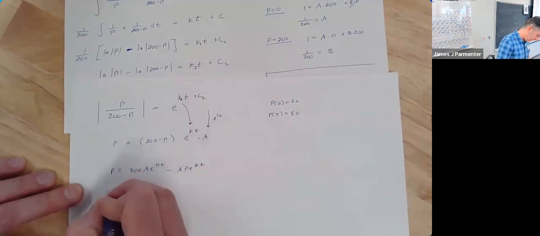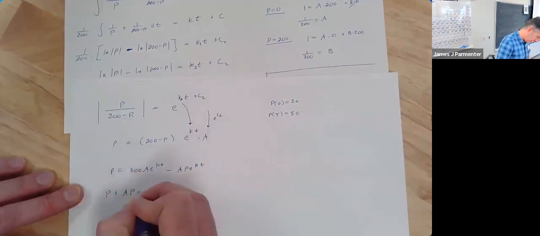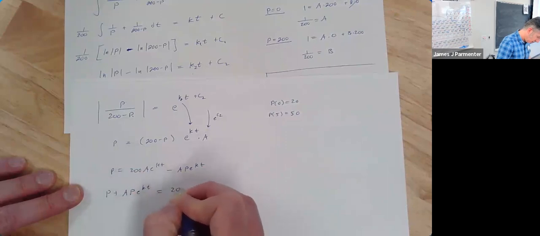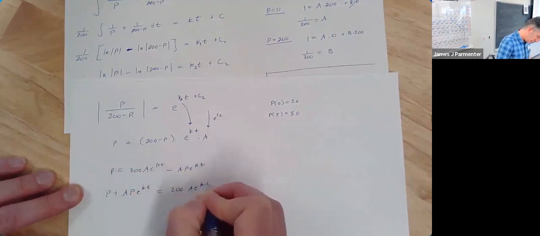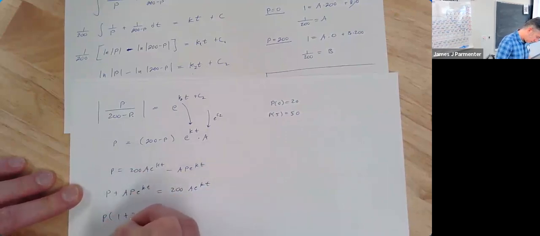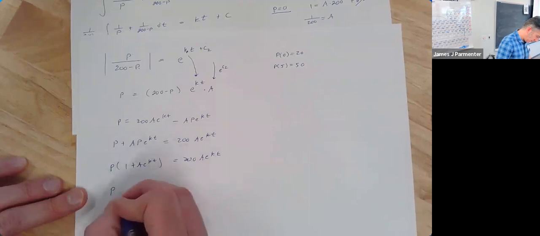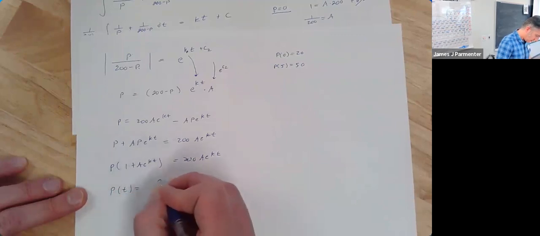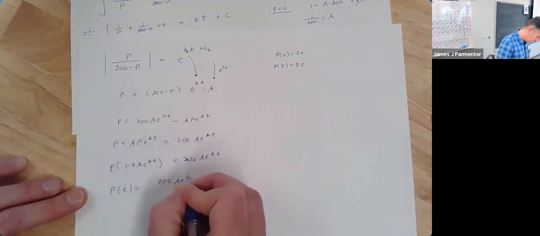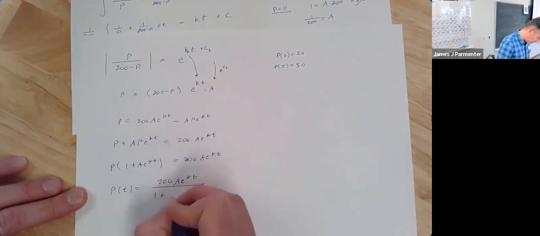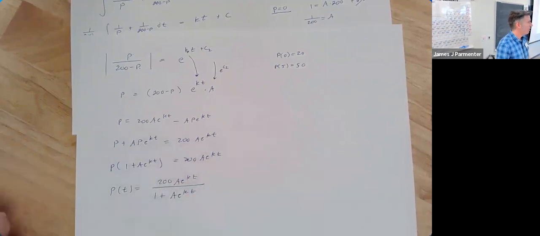You bring this over there, you factor out a P. It starts to feel really silly, but eventually you get all that. So solving for P, we finally end up with P as a function of T equals 200 A e to the KT over 1 plus A e to the KT.